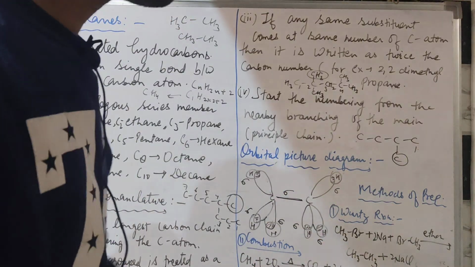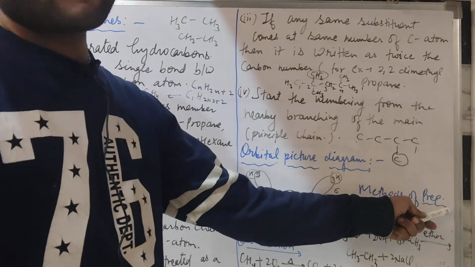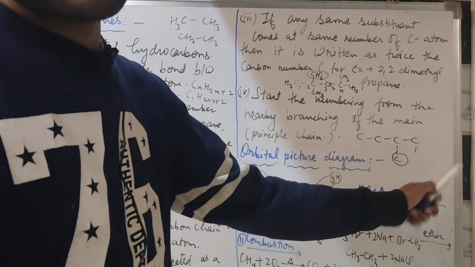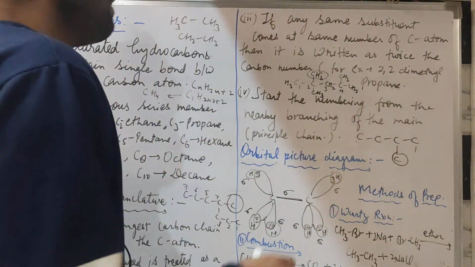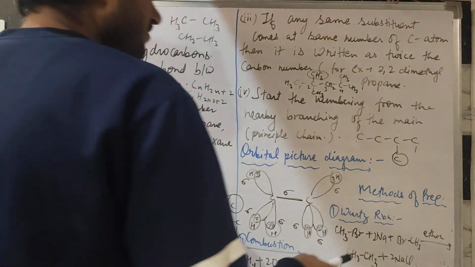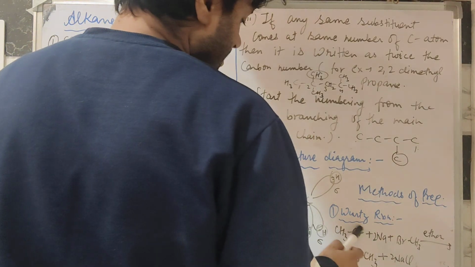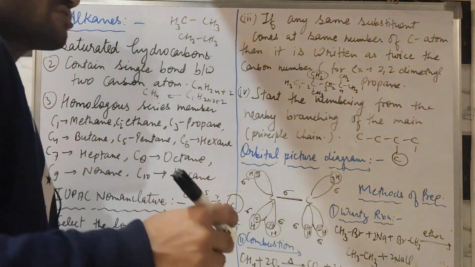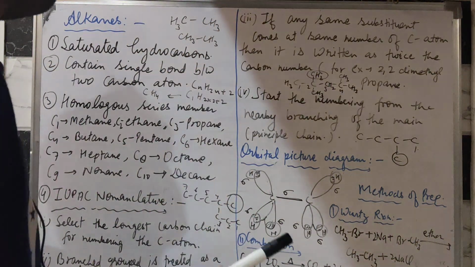If I talk about the methods of preparation, this is the short form I have written here; the full form you should understand. The Wurtz reaction is just like this. If I treat haloalkanes with sodium metal, haloalkanes are those compounds formed from a halogen group and an alkane group.